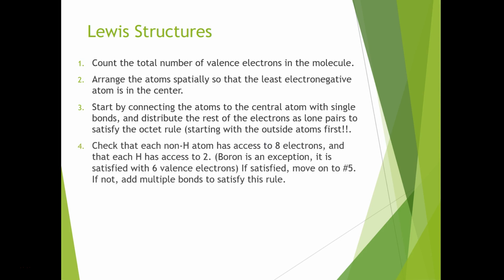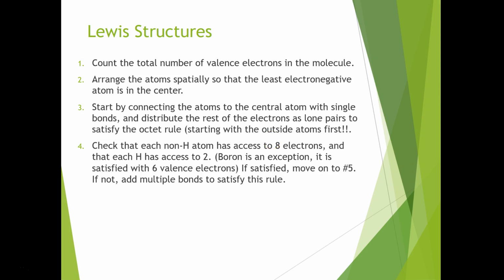Next, we check that each non-hydrogen atom has access to 8 electrons, and that each hydrogen has access to 2. It's important to note that boron is an exception, which is satisfied with 6 valence electrons, as in boron trifluoride. If you're satisfied, then move on to step number 5. If not, we have to add multiple double and triple bonds to satisfy this rule.